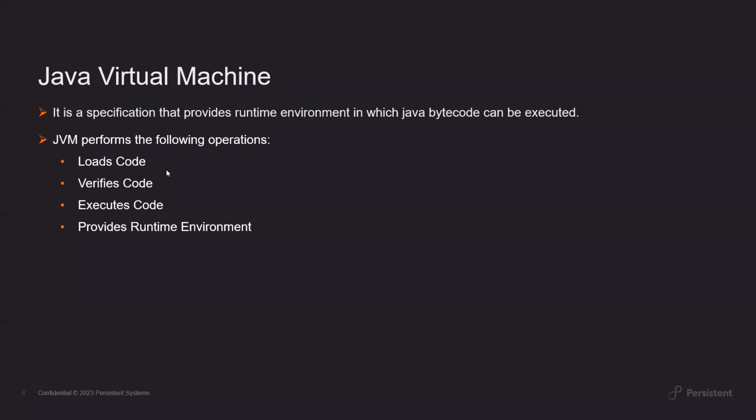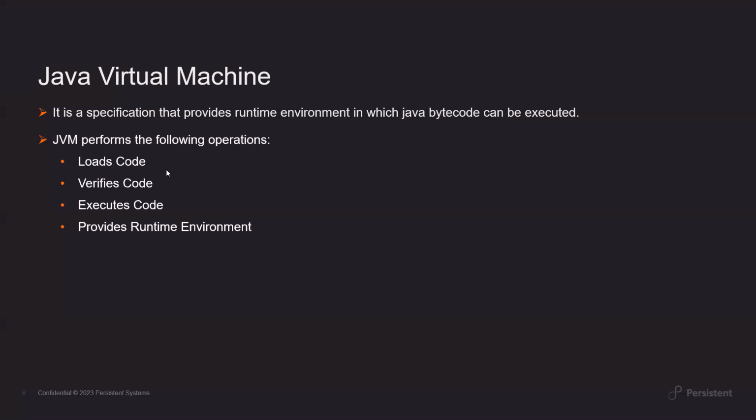So JVMs are available for many hardware and software platforms. JVM is platform dependent. So once we run the JRE and create the bytecode, that bytecode can be run through all the platforms which have their specific JVM installed.